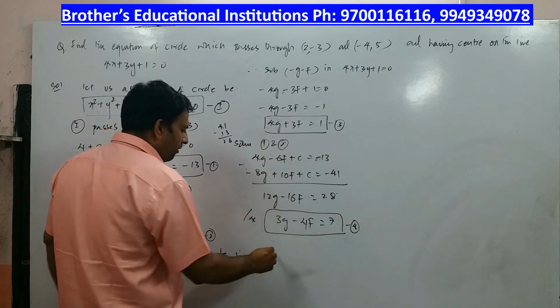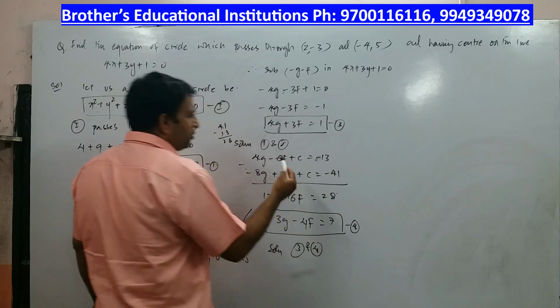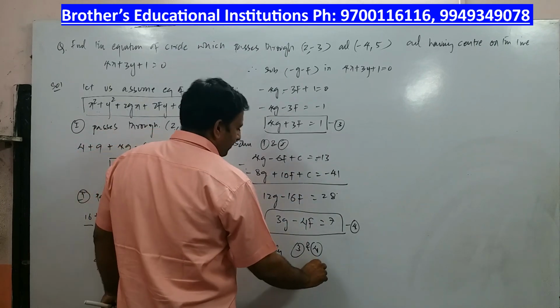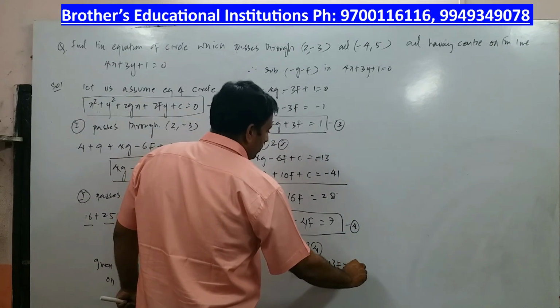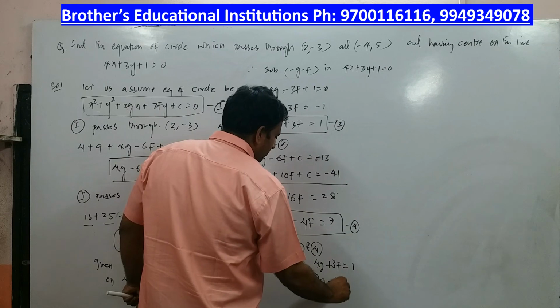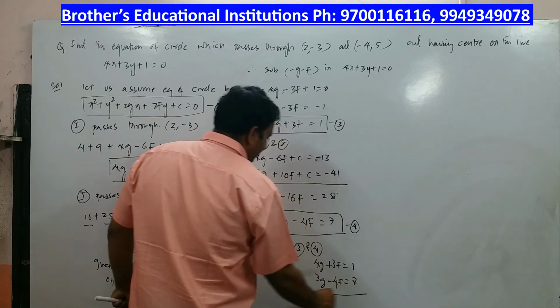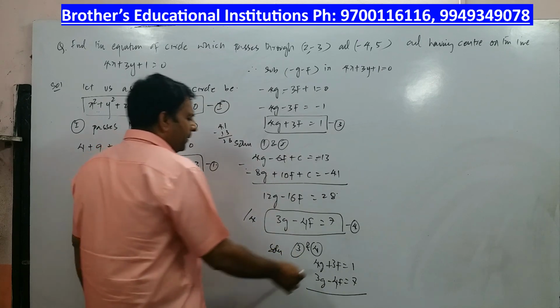So I got 2 equations, 3 and 4, which have g and f. I will solve 3 and 4. You have 4g + 3f = 1 and 3g - 4f = 7. Either I should balance f or I should balance g. I wish to balance g.